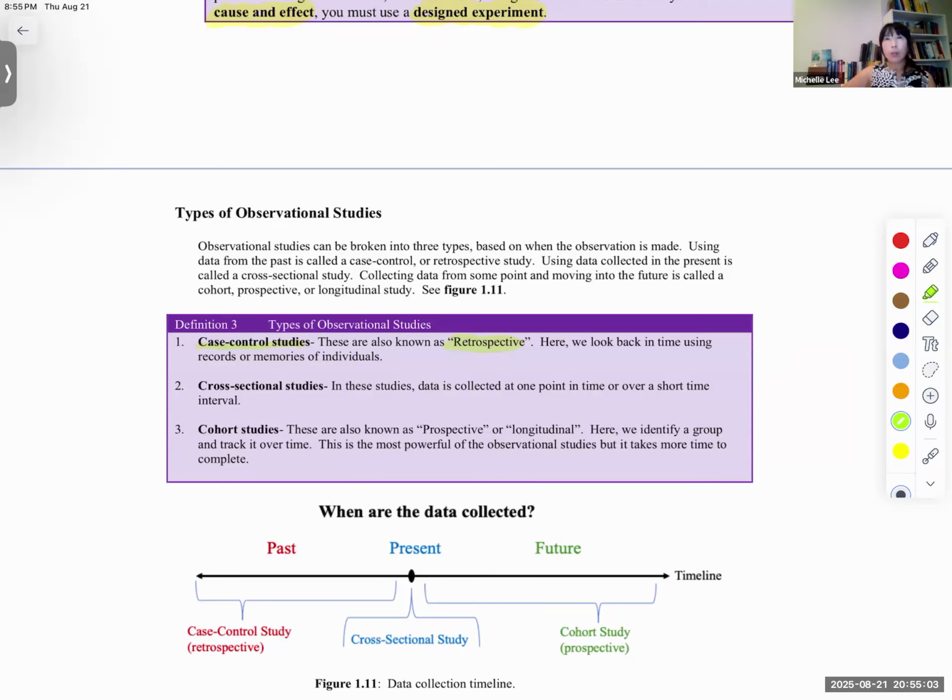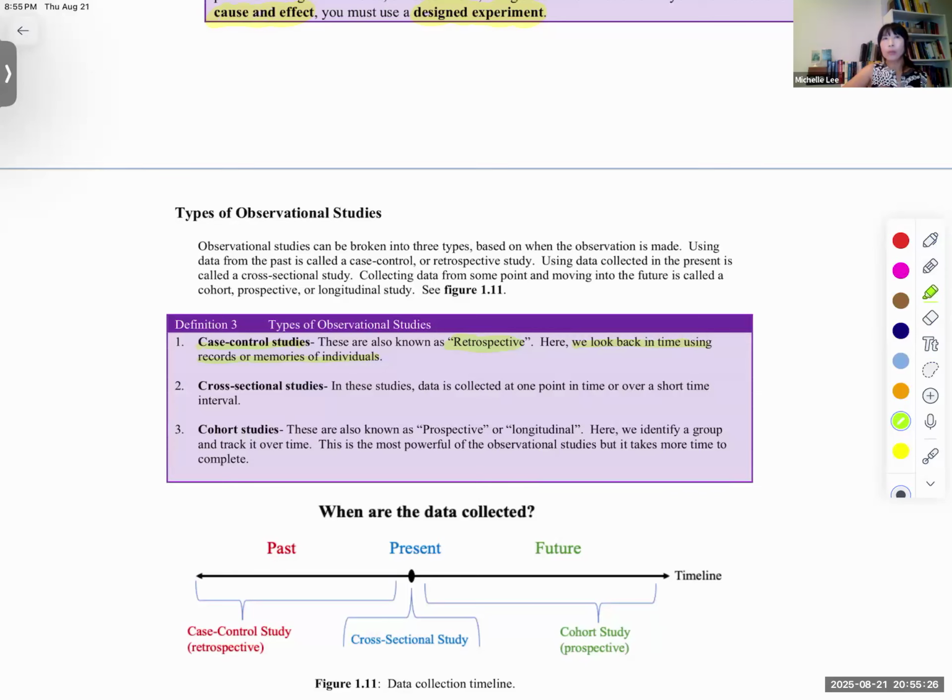So that definition says that we look back in time using records or memories of individuals. That's a case control study.